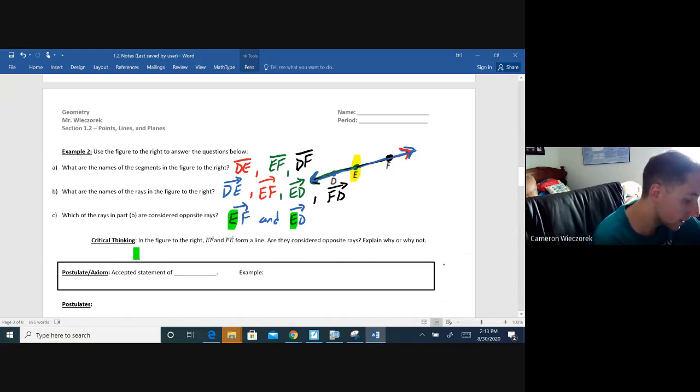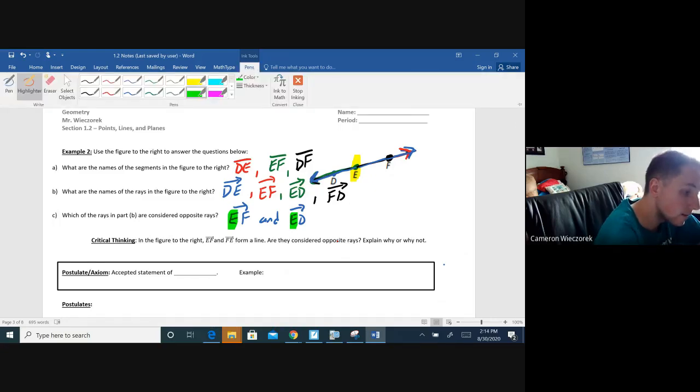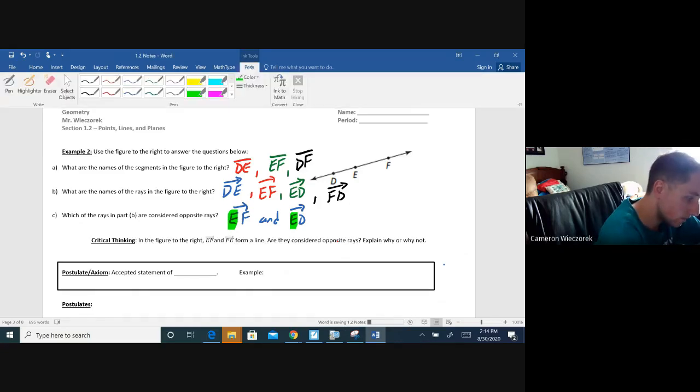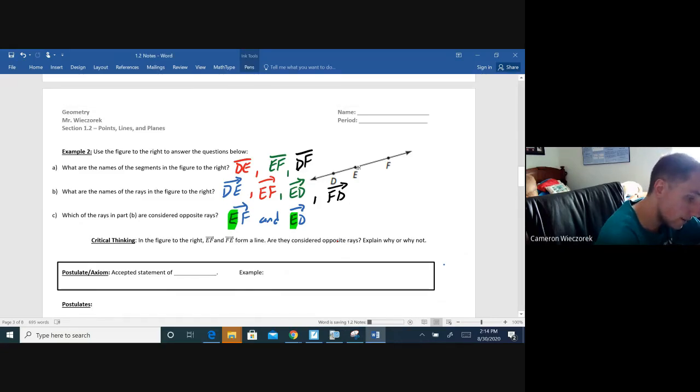So then critical thinking, it says in the figure to the right, EF and FE form a line, right? Let's draw it. I'm going to erase this. Save this first.